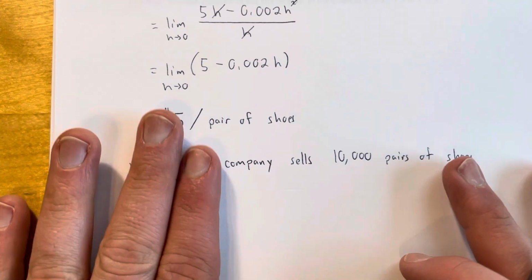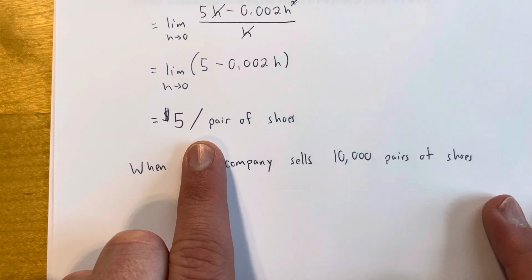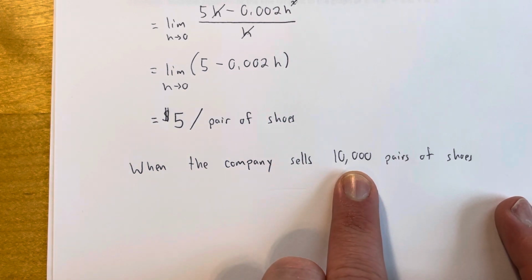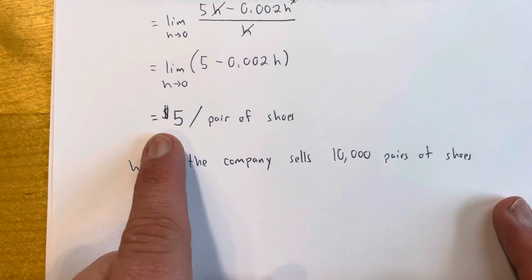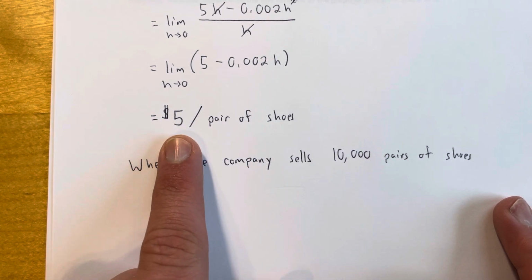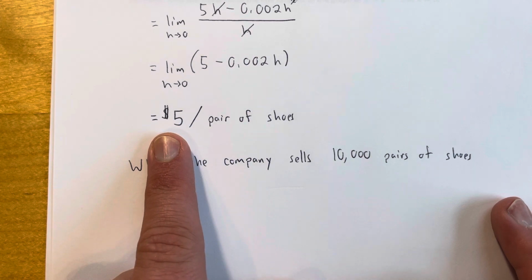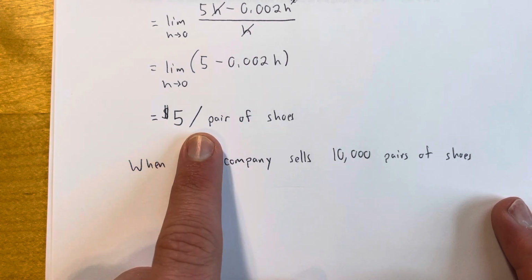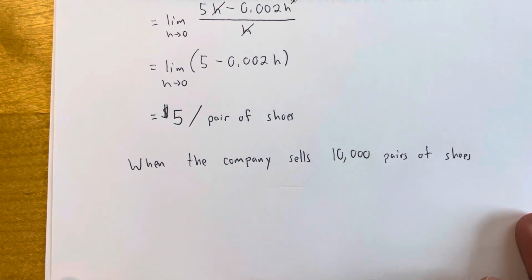That was used here. We get this rate of change. What this rate of change is telling me is that once I have sold about 10,000 pairs of shoes, right around that value, I would expect each new pair of shoes that I sell to generate $5 in profit, because this is a rate, so it applies to each pair of shoes that we sell after this point.